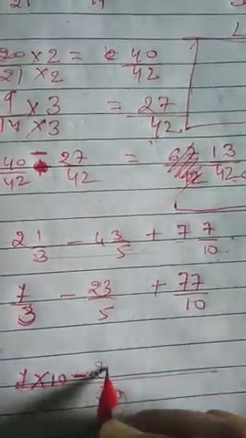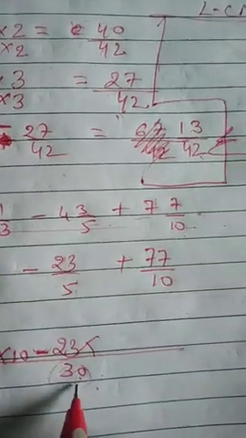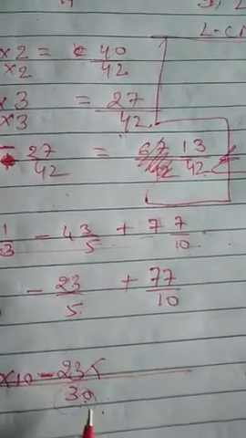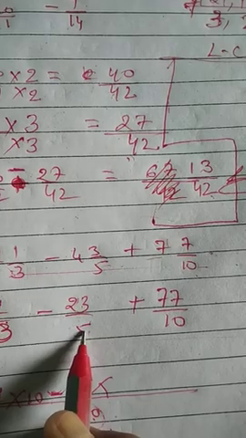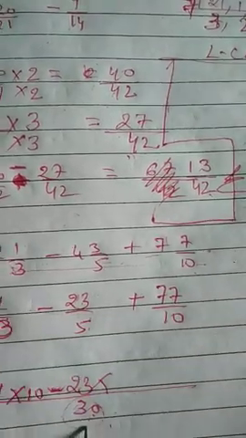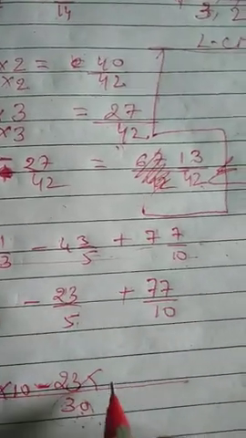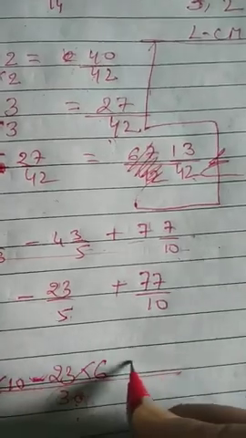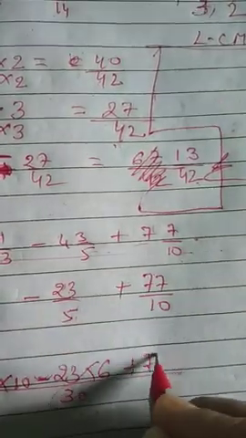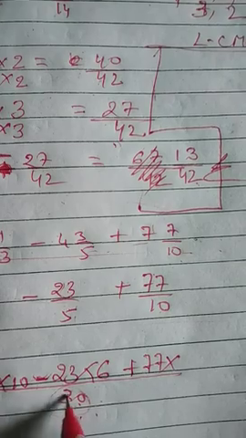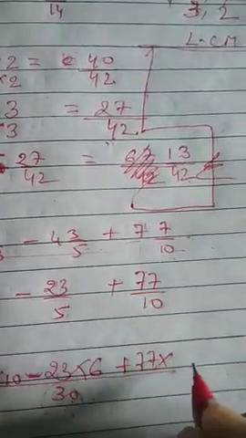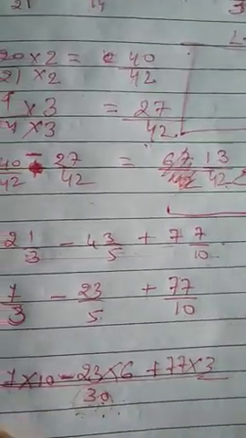Okay, 23, and 30 divided by 5. This will be the divisor, this will be the dividend. 5 sixes are 30, so we will multiply here with 6. Plus this 77 in its own place, 10, again divide, 30 divided by 10, we will get 3. 10 threes are 30.